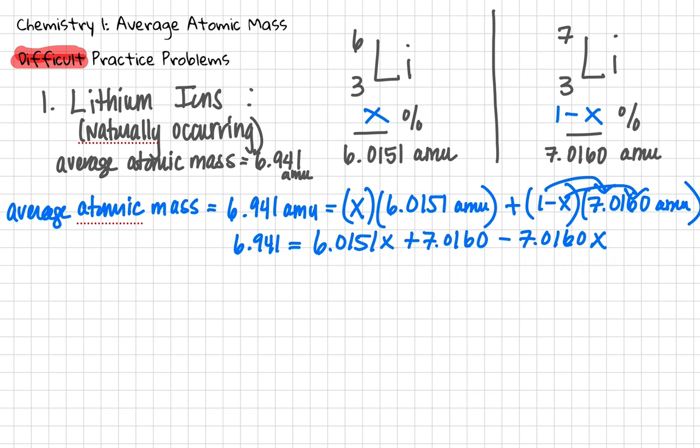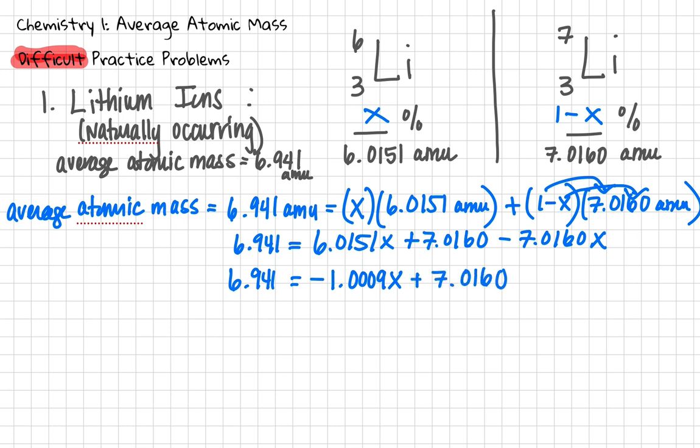Now, I'm going to look for things that I can combine. This has an X term. This has an X term. I'm going to combine the two. That's going to be equal to, bring everything down, negative 1.0009x. And then I'm just going to bring everything else down that wasn't combined.